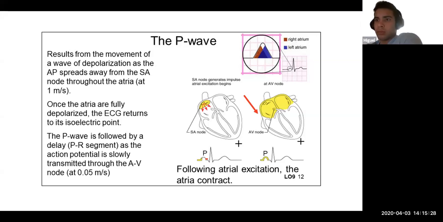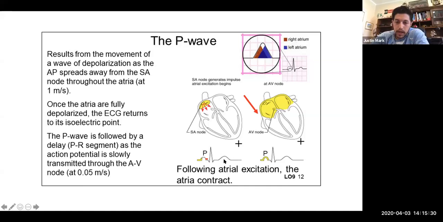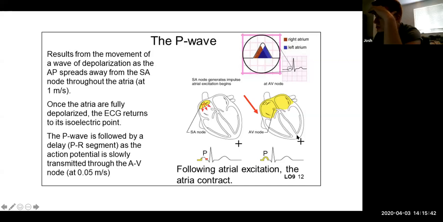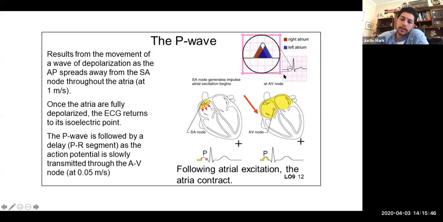Okay. The important thing here is that as the signal is moving to the other atrium, that's when we start to see the deflection downwards, okay? Because we're basically, huh? Is this lead 2? What lead is this that we're looking at? Yeah, that's a good question. Most of the time when they're showing these things, this is going to be lead 2.